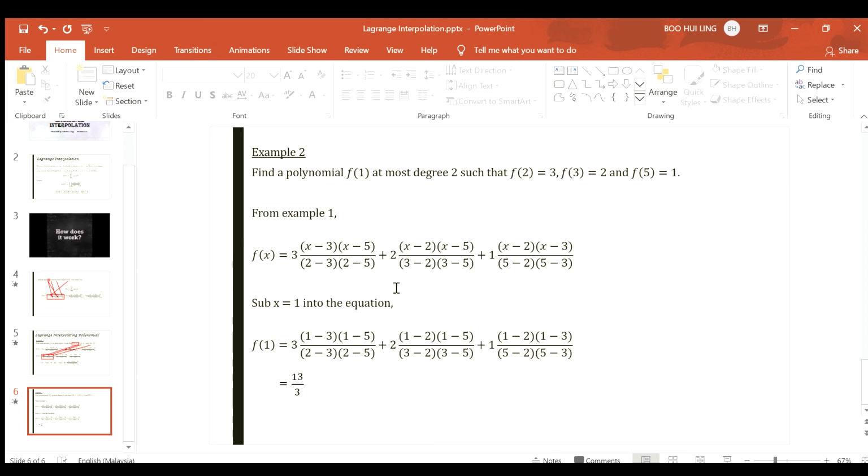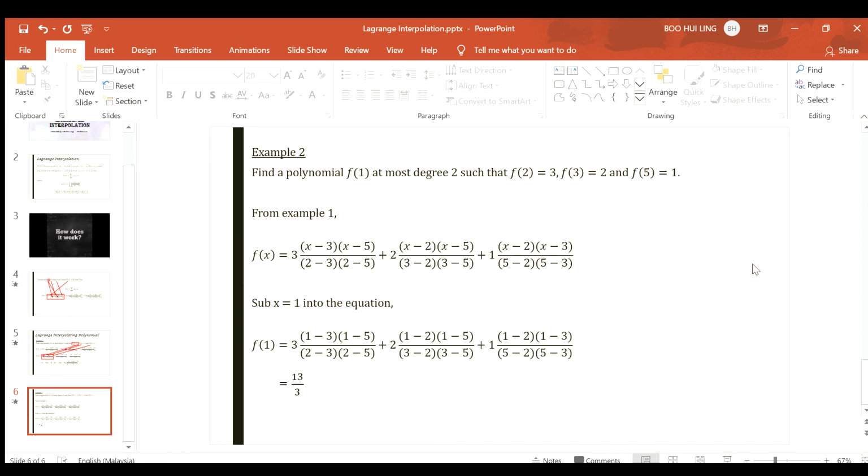Then what we need to do is just substitute x equal to 1 into the equation obtained from example 1. After we substitute, we can obtain this equation, and after we calculate it with a calculator, we can obtain the value of f(1), which is equal to 13 over 3.